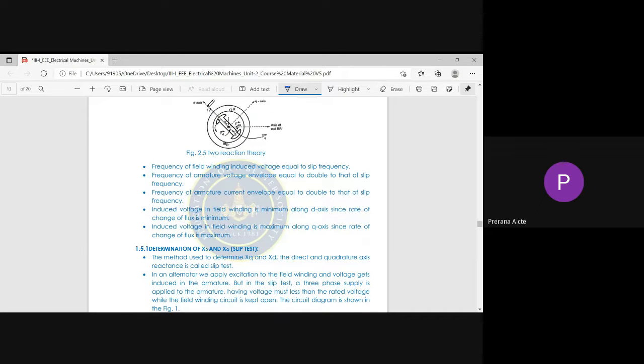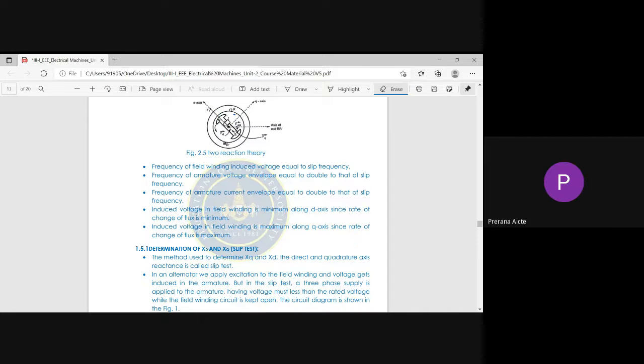See, along the poles here the air gap is minimum. In between the poles, the air gap is maximum. Minimum air gap means automatically the armature reaction is maximum in this case, and in this case it is minimum. Opposite.